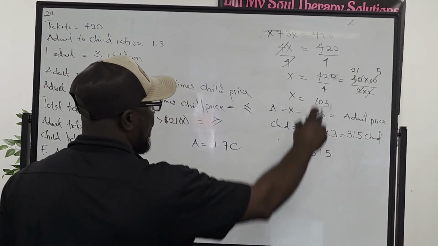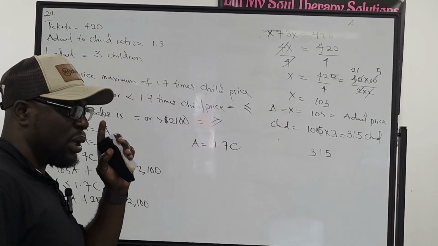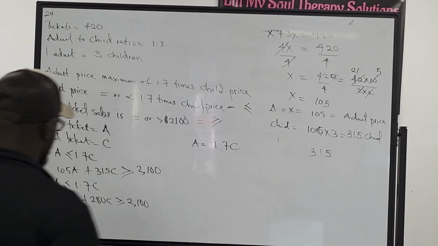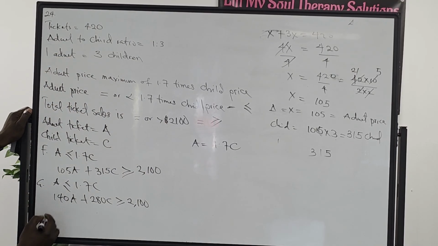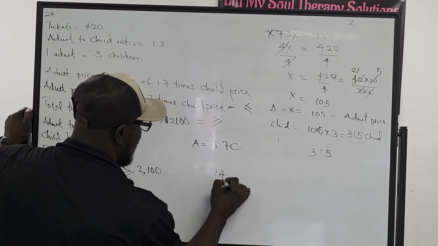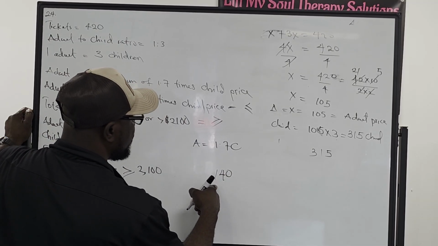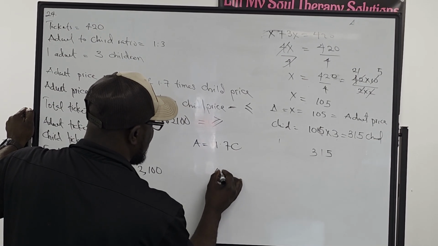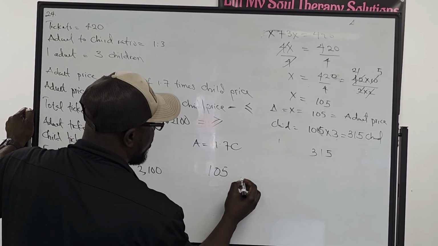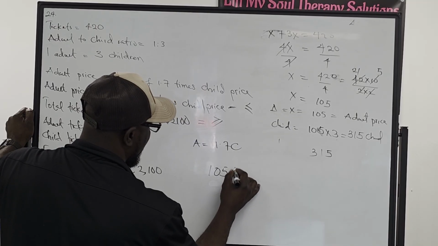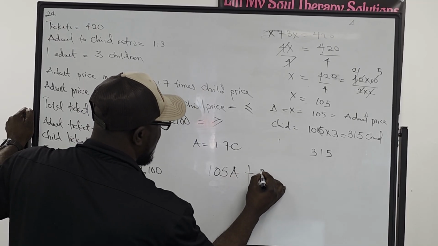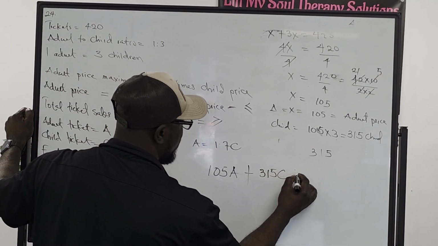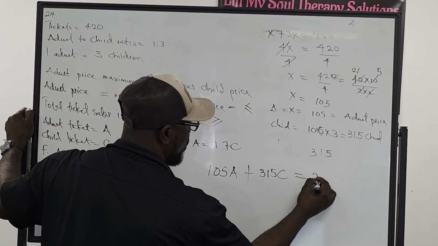So that we know that if we add these two together, we should have equal to or less than 2100. So that brings us to 140, that's the number of tickets. 105 tickets times adult price, which is A, plus 315 tickets times child price, which is C, should be equal to 2100.